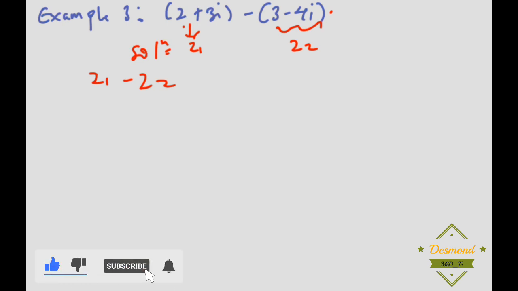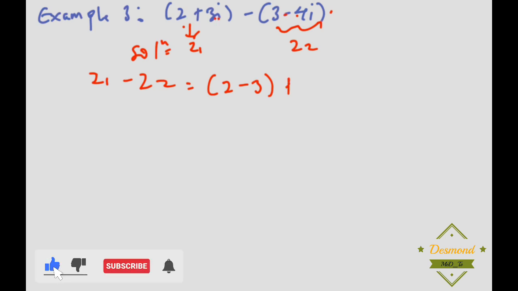So subtracting the real terms, we have 2 minus 3, and with our imaginary terms, we have 3i minus minus 4i, so that will be plus.